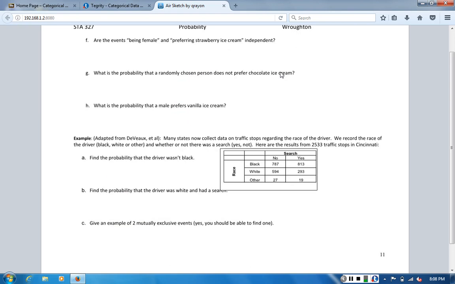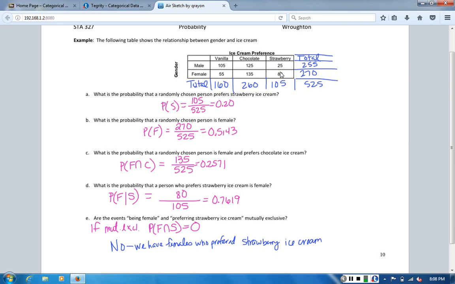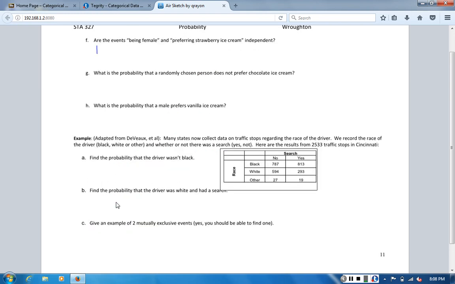Now, are the events being female and preferring strawberry ice cream independent? All right, so what would it mean if they were independent? Well, if they were independent, and I'm going to use the one that we already found, so we found the probability of female given strawberry ice cream, that would mean the probability of being female given you like strawberry ice cream would just be the probability of being female.